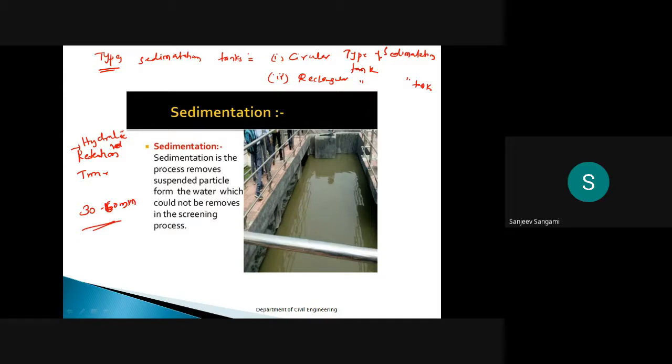Especially Type 1 settling, that is discrete particle settling, will settle within 5 minutes. And the flocculent settling, zone settling, and compression settling will happen up to 30 to 60 minutes. It depends on the size and shape of the particles, as well as the density of the fluid and the density of the particles, so the specific gravity of the particles.